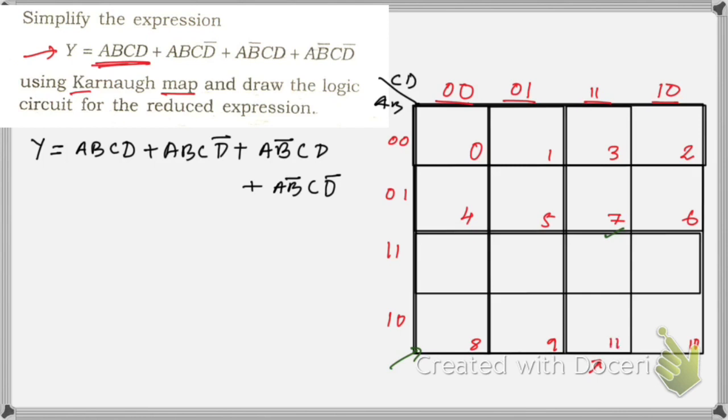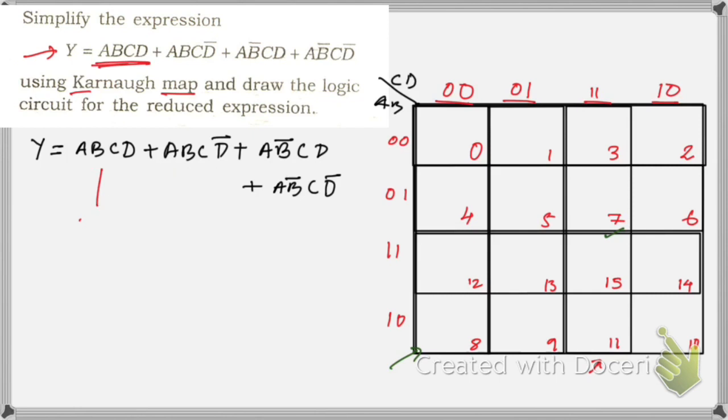Then after 11, let's go back to the second row from the last. We're going to start with 12, 13, then go to the inner block, that is 14, then come back to this, which is 15, right?